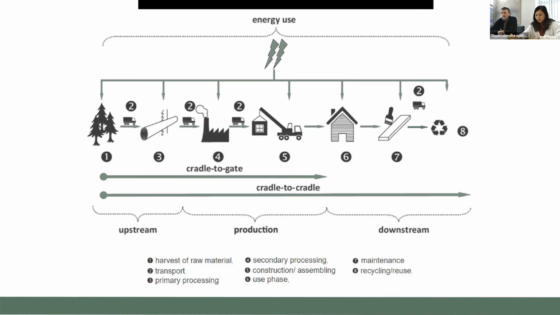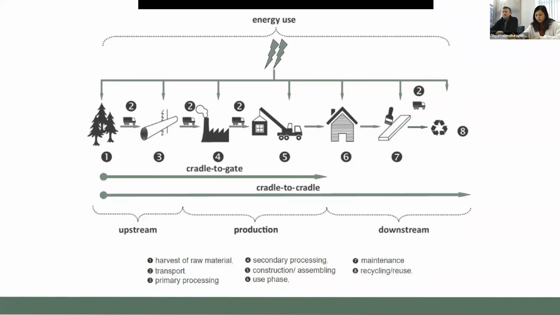Cradle to cradle is a term used to describe a more comprehensive approach to life cycle assessment. It includes both the cradle to gate analysis as well as the post-consumer life of the product. This type of analysis looks at the entire life cycle of the product, which includes how it is used, disposed of, and recycled.